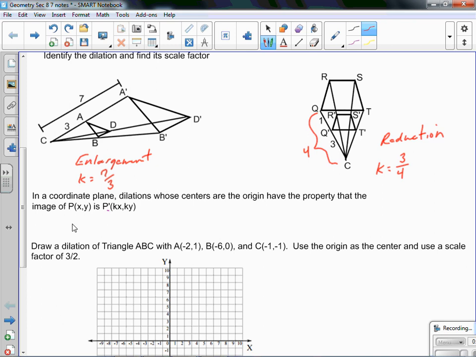But with the center at the origin, the image of P, which would be the point x, y, is going to be P prime, which will be kx, ky. So basically what that's saying is we start with the original point, which is our x, y, and to get the points after the dilation occurs, we take the scale factor K, multiply it times the x and the y value, and that'll give us the new coordinates for the prime values.